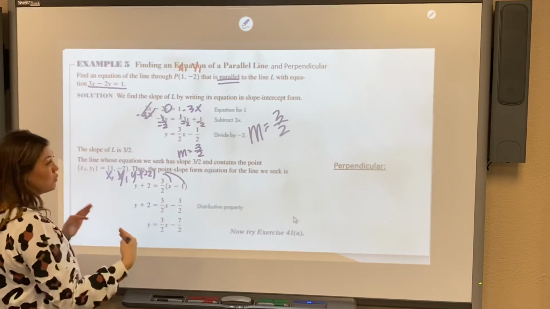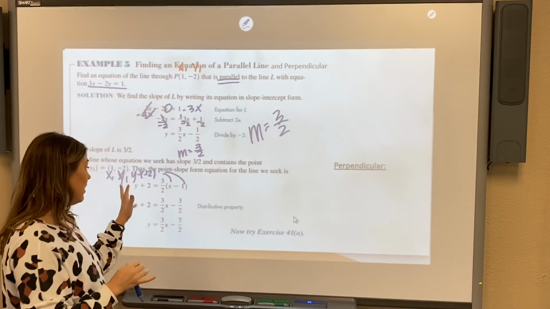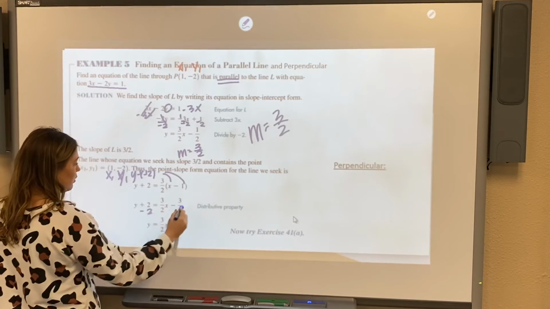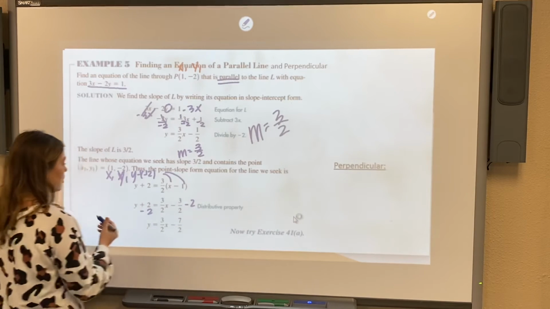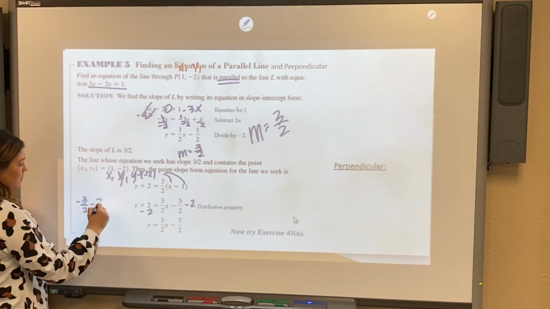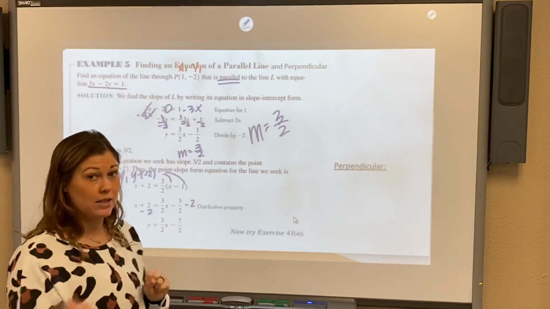Okay, we don't want to get rid of our fractions because we need fractions with slopes. It's fine if you have fractions. So we're just going to subtract 2 from the -3/2. If you're not good at fractions, practice. You can use Desmos, a scientific calculator that is linked in your resources.